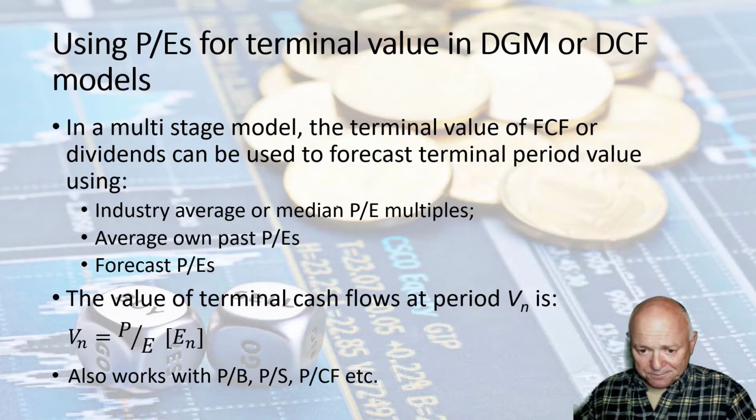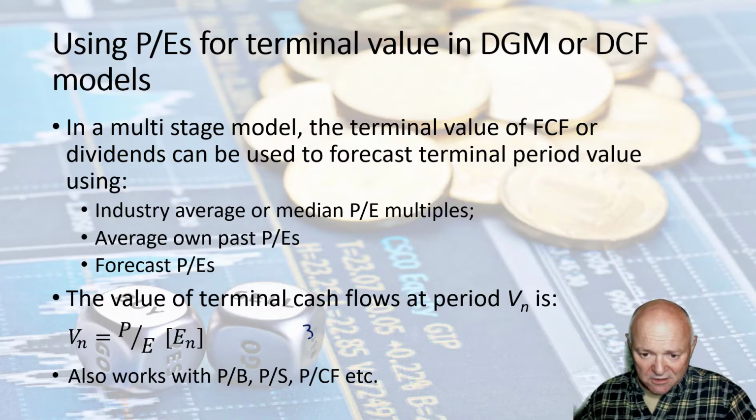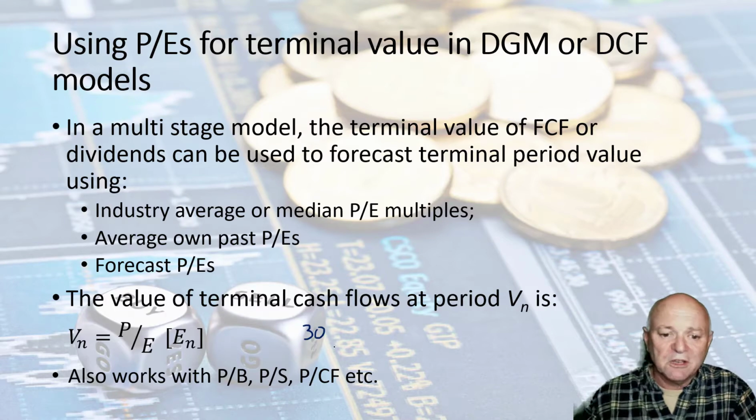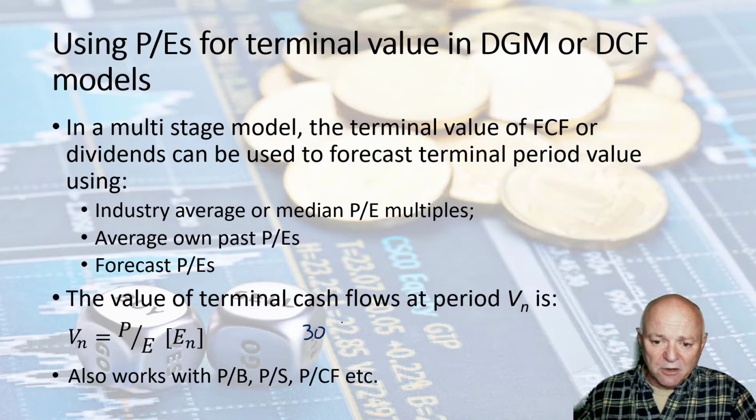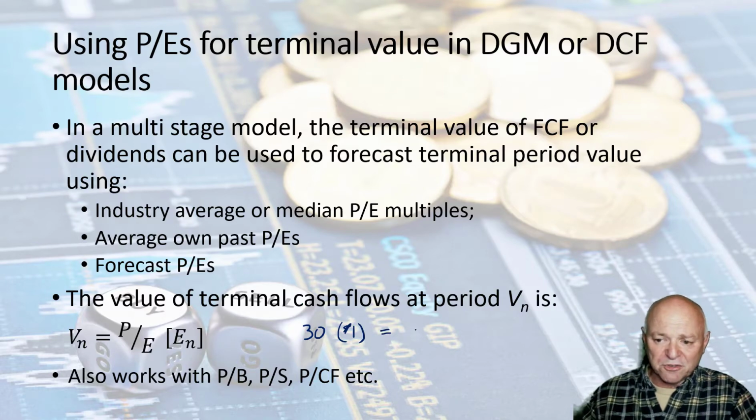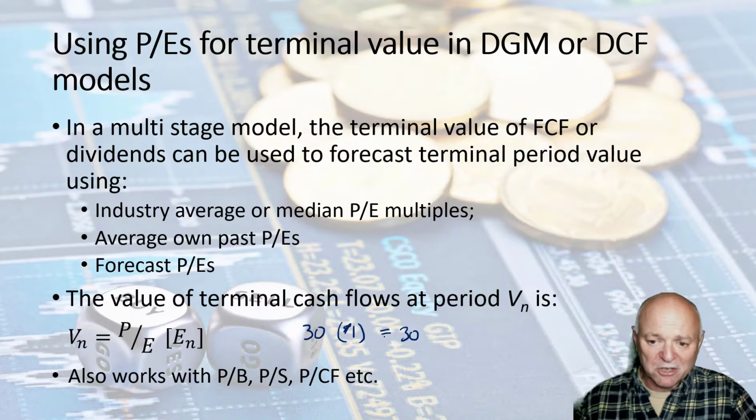So, for example, if we have a company that's got a 30 times price earnings multiple, and that's the average or the industry average that we decided to use, and we have a $1 earnings per share forecast for year 5 of our forecast. That means that the value of our cash flows would be 30. If this is $1 million, it would be $30 million.